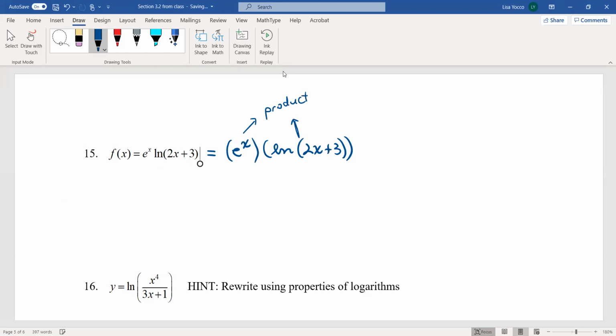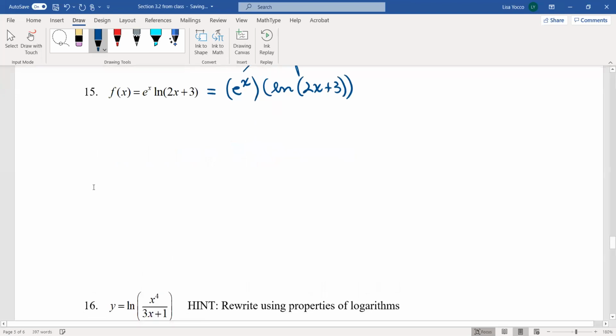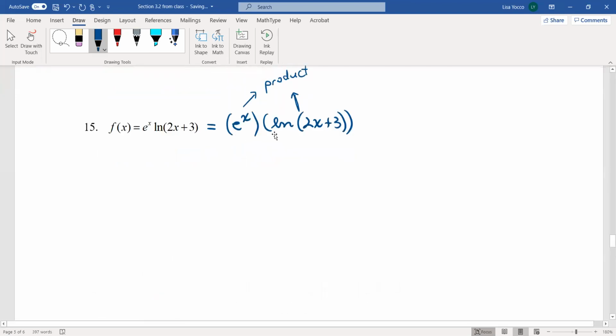I wrote it with e to the x in the parentheses. So it's a product of two functions. Therefore, when I'm getting its derivative, I'm going to use the product rule.